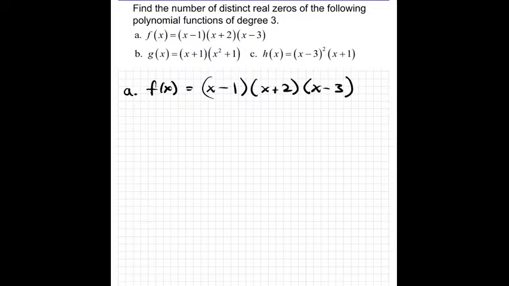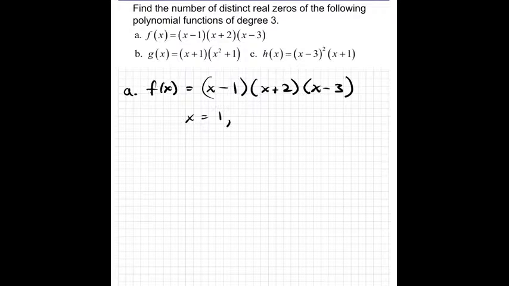Fortunately, this is already factored for us. So if we set it equal to 0 and solve, we would get x equals 1, negative 2, and 3.